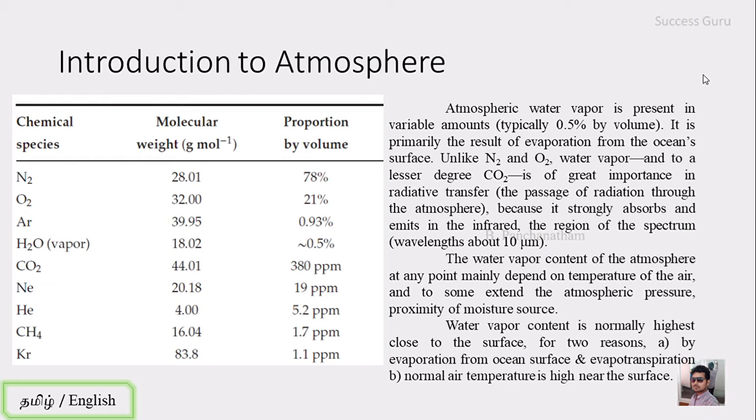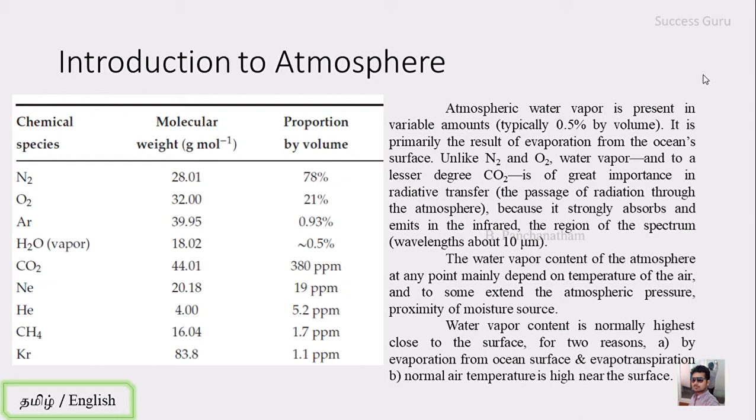The water vapor content of the atmosphere at any point mainly depends on the temperature. Actually, temperature is the main controlling factor of the presence of water vapor, and according to the temperature the amount of vapor may be determined. To some extent atmospheric pressure also controls the amount of water vapor, as does the proximity of the moisture source.